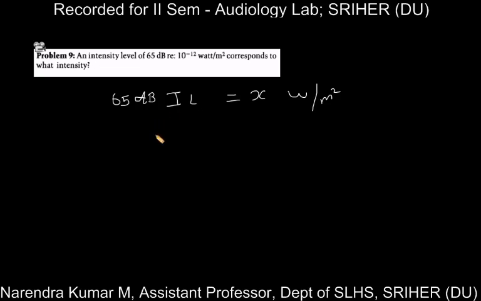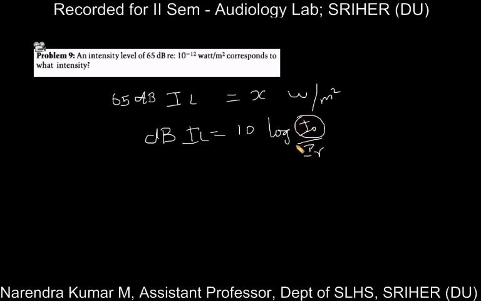For this conversion, we are going to apply the values in the same formula of dBIL. So dBIL is equal to 10 log I0 by IR. We need to find the value of I0.